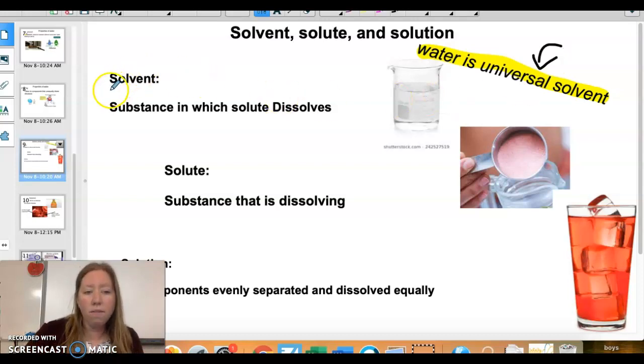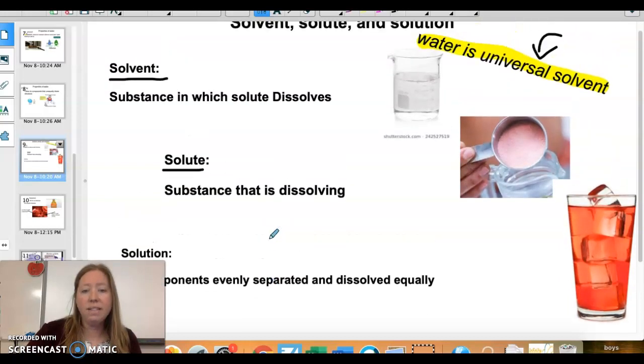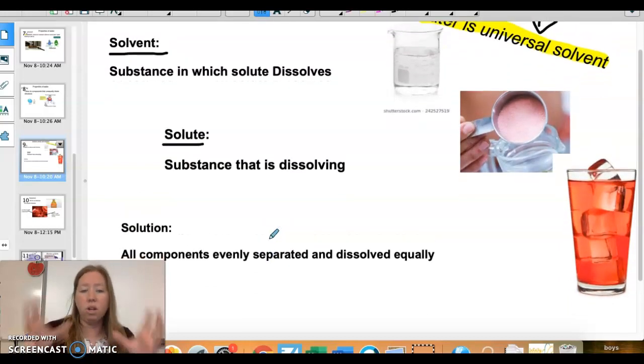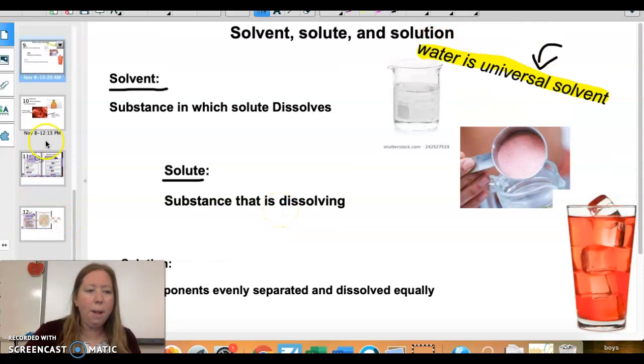The solvent would be the water, what does the dissolving. If you put something into the water, that's what we call the solute, which is going to be dissolved into the water. A solution, you should remember, is something where all of the solute dissolves equally and spreads out. Kool-Aid is a solution.